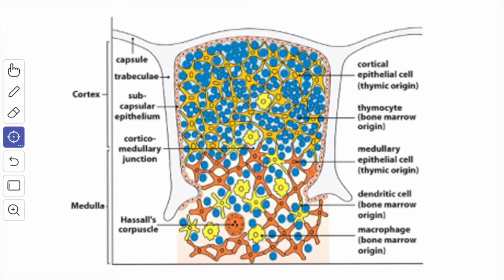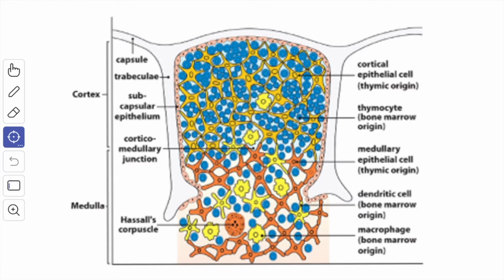or basal corpuscles. The cortical epitheliocytes are also described as thymic nurse cells, and they destroy the lymphocytes that react against self-antigen. Next we'll see about the lymphocytes of the thymus, which are called thymocytes.